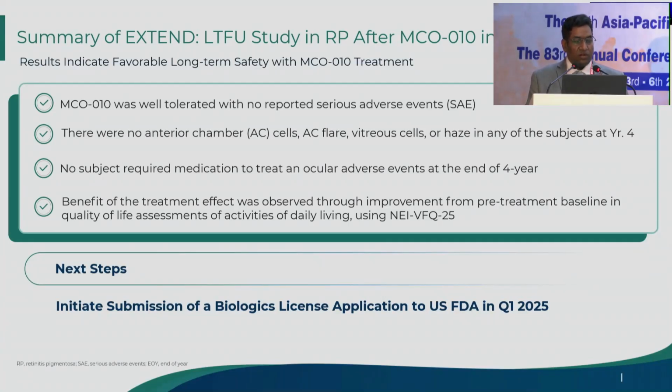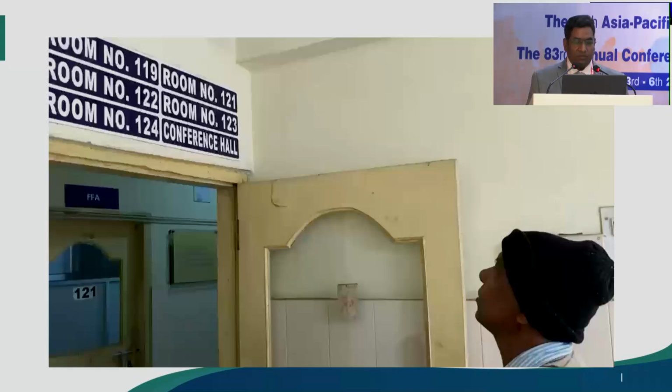No subjects required medication to treat ocular adverse effects at the end of 4 years, and the treatment benefit was observed through improvement from pre-treatment baseline in quality of life assessment of activities of daily living using the NEI VFQ-25 score. This initiated a biologics license submission to the US FDA, and we are expecting the drug to be available by the end of 2025.